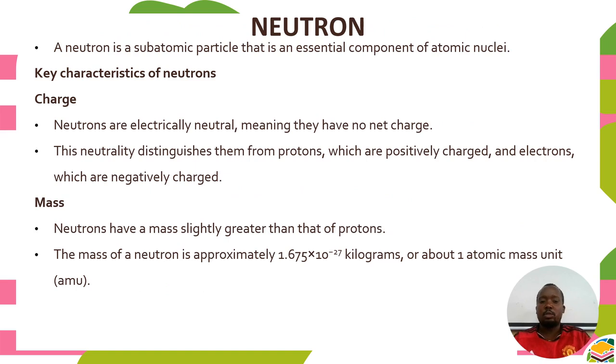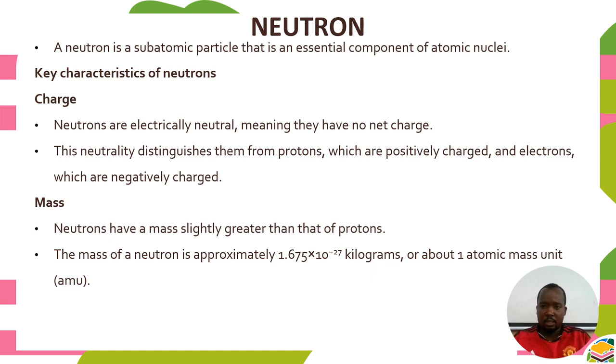Now let us go to a neutron. A neutron is a subatomic particle, and this is the third and last subatomic particle. It is a very essential component of atomic nuclei. Its key characteristics, beginning with charge: neutrons are electrically neutral, meaning they have no net charge.